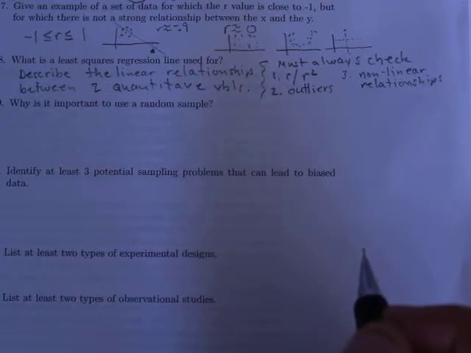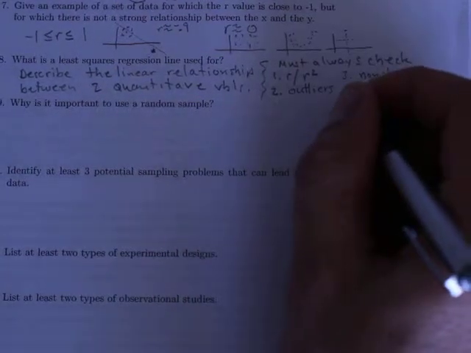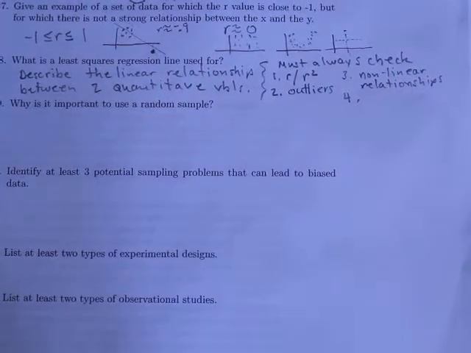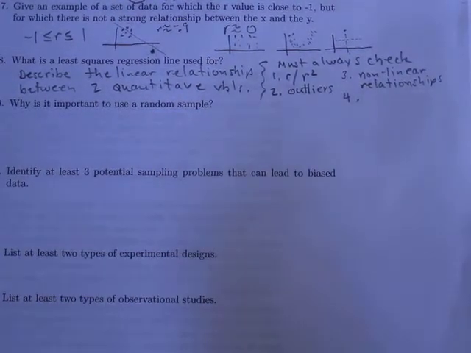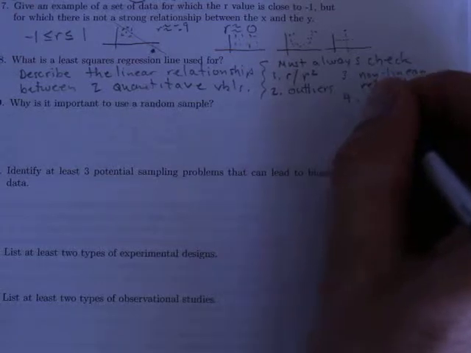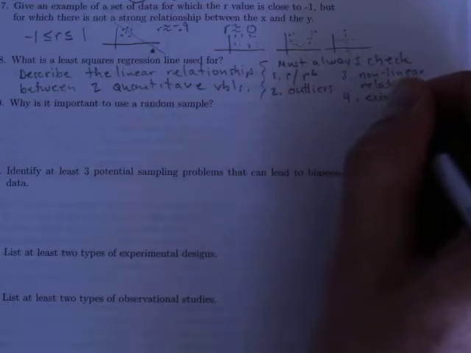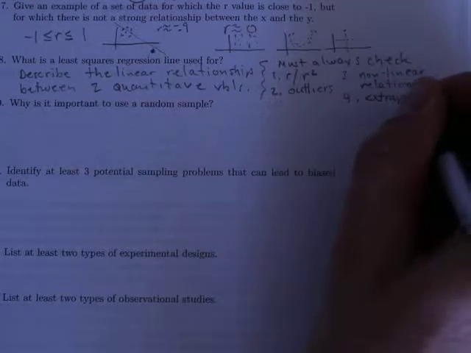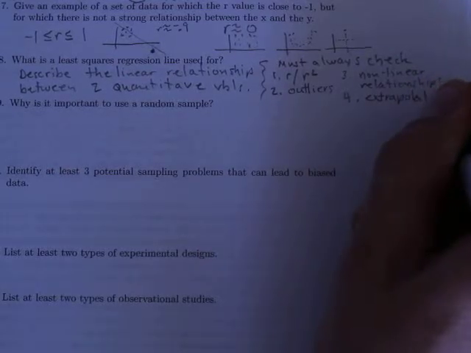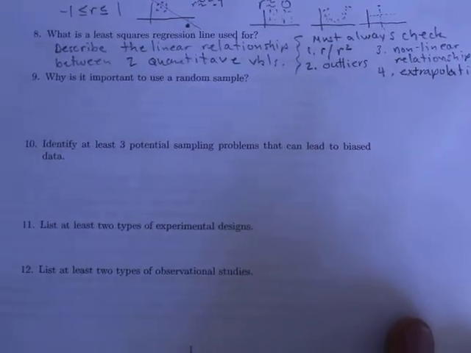These would be things like parabolas or sines and cosines or exponential functions. Before you try and fit it with a line, you want to make sure a line is really the right thing. And the last thing is, you're using a regression line, you should always check to make sure that you are not extrapolating.